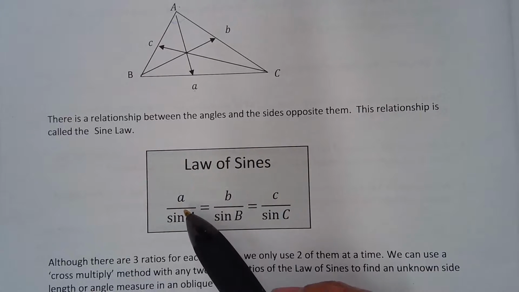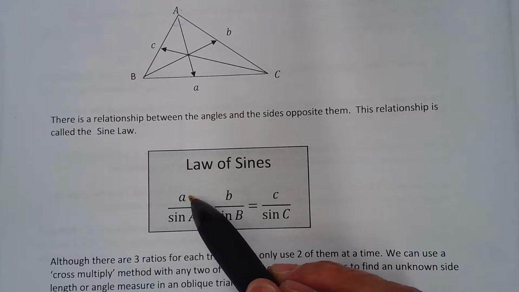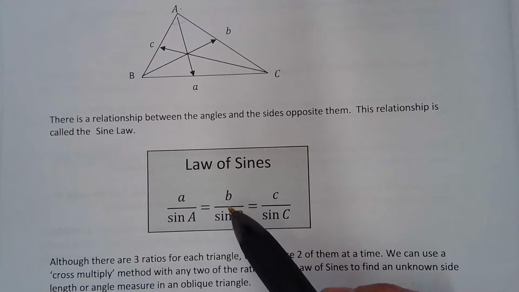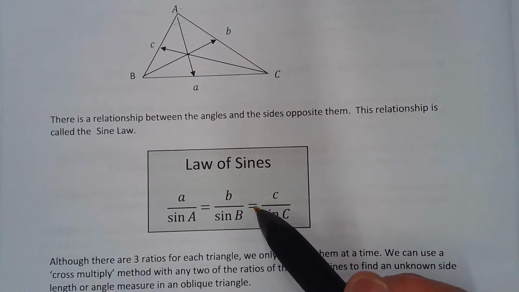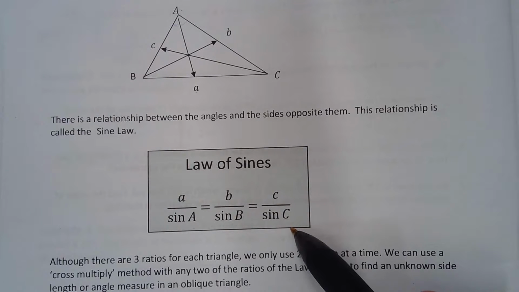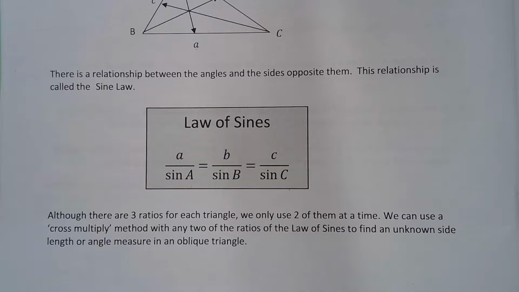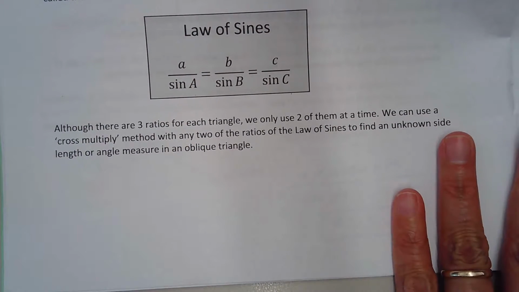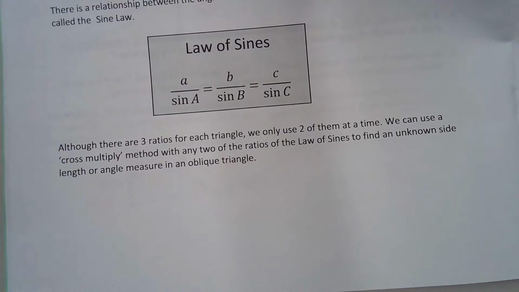Law of sines: side a divided by sine of angle A is equal to side b divided by sine of angle B, equal to side c divided by sine of angle C. We're going to use the strategy that we use to solve equations, because it just boils down to solving an equation, but in a trigonometry sense. Let's jump to example 1.